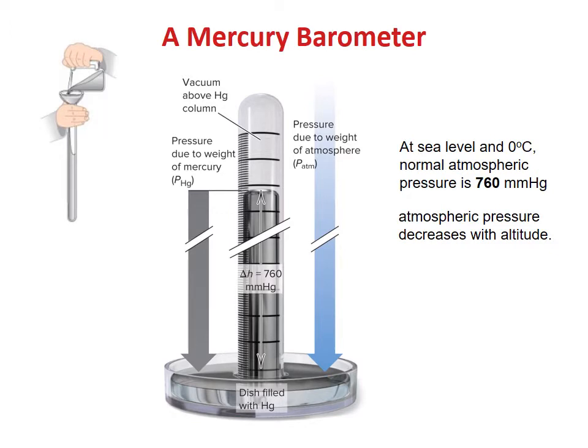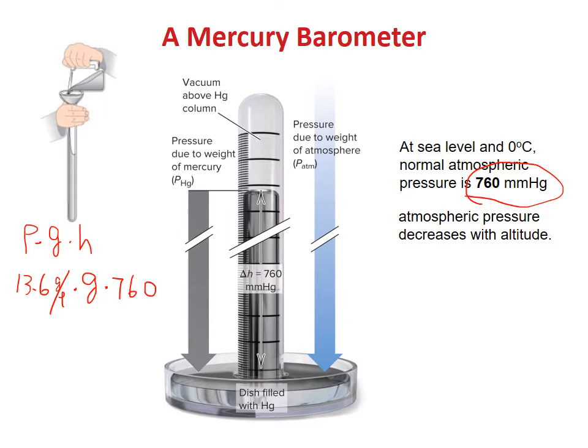You may have learned in physics that pressure due to a liquid is calculated by density times gravity times height. For 760 millimeters of mercury height, the pressure can be calculated by the density of mercury, which is 13.6 grams per milliliter, times gravity times 760.